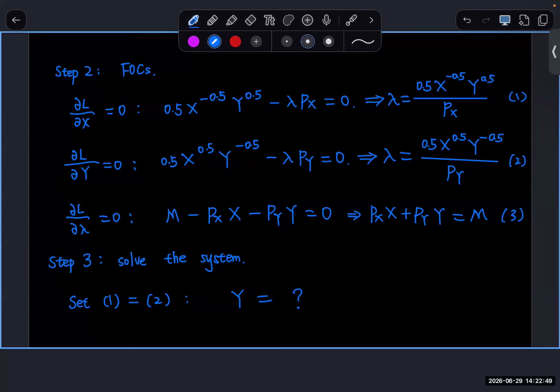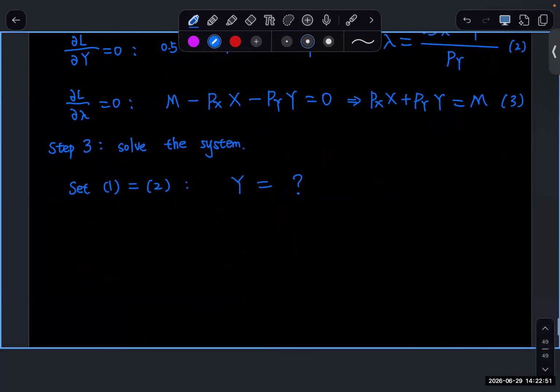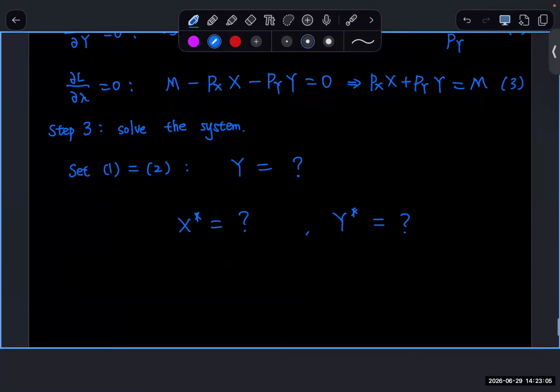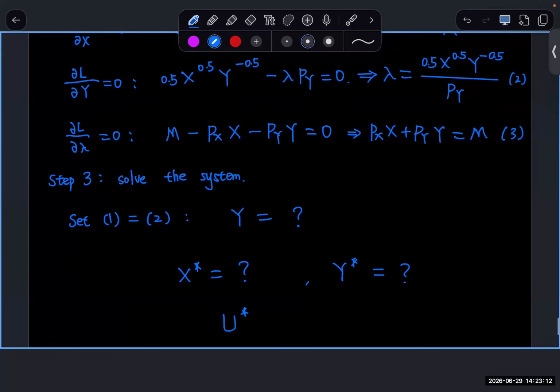So your final answer is going to be x star equals what? y star equals what, okay? And then you plug x star, y star in, you will get the utility. Maximize the utility, okay? So here is going to be your first homework. I'll post it on Canvas.